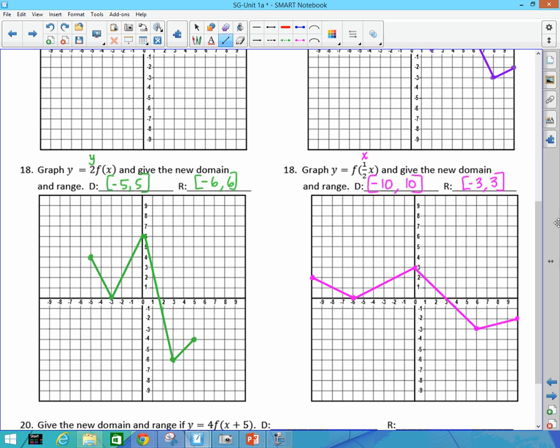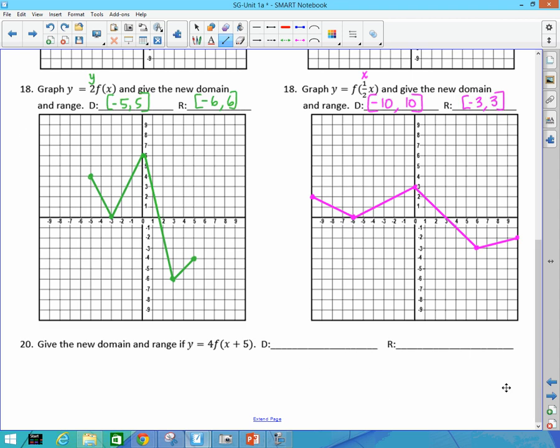Okay, so that is the end of that. One last question that we have is for you to answer the question without having a graph to do. And we've kind of been doing every problem like this, so hopefully this is not too difficult. The 4, you know, it affects the y, and the 5 affects the x. So I do the opposite with my domain. So instead of adding 5 to each one, I'm going to subtract 5.